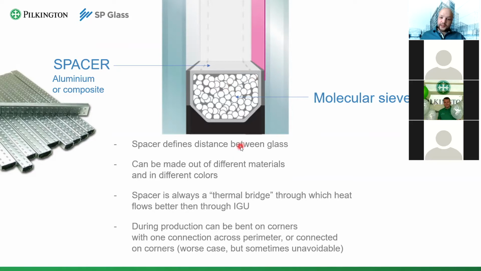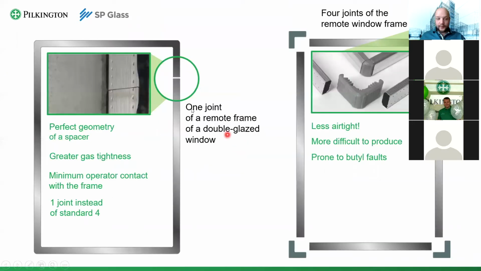So the spacer can be made in two ways. It can be bent on the corners and connected on one joint or several joints. Or alternatively, the spacers can be cut into several bars and then connected at the corners.